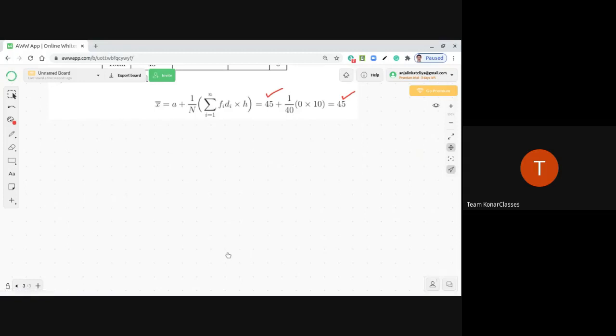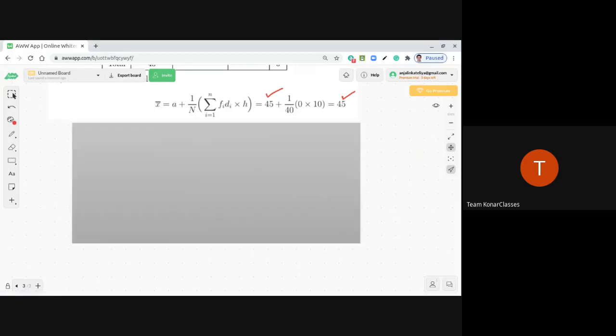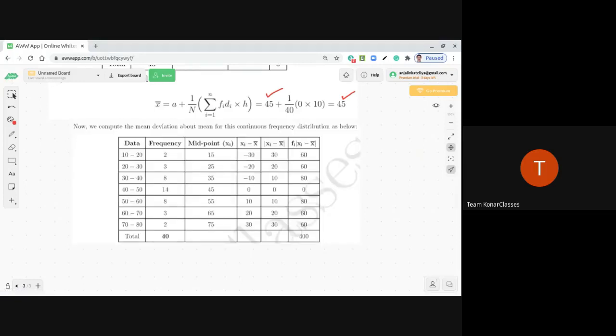As you see here, dear students, we compute the value of all these attributes. Frequency is already given, the midpoint, and x minus x bar, where x bar is 45.